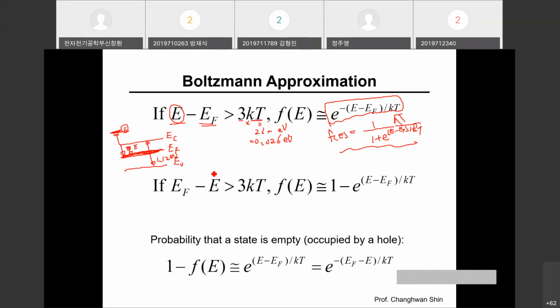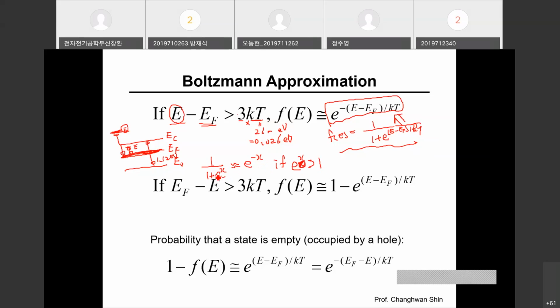Going back to the calculus class in the freshman course in undergraduate school, we have learned this one. 1 over 1 plus exponential x is approximately equal to exponential minus x, if this x is large, that is, exponential to the x is much higher than 1.